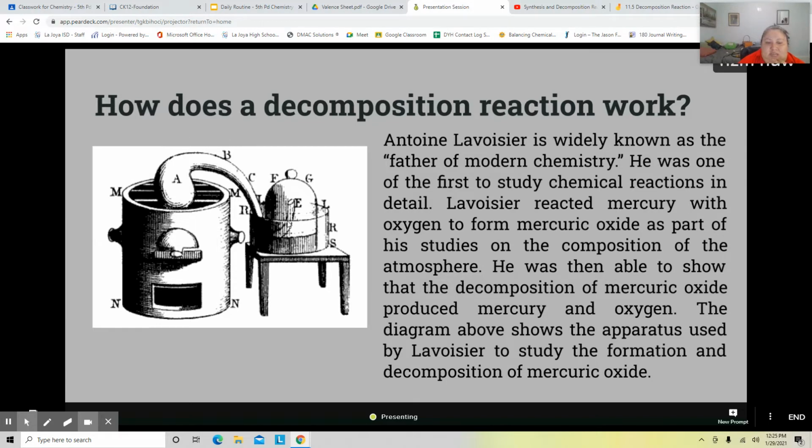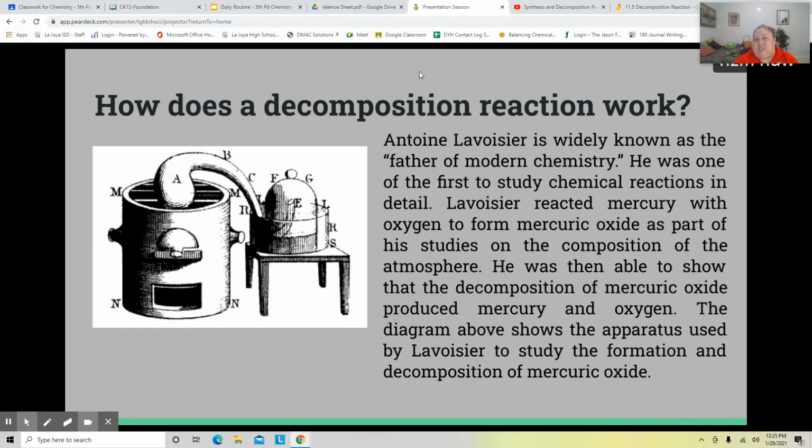And you can see the device he used. I'm not really sure, but it looks like this is a power source, and this is where the reaction occurred. Or it could be the other way. Maybe this is where the reaction occurred, and this is where they trapped the oxygen. I don't know. The main thing that we need to know is that he was the first one to study this type of reaction.